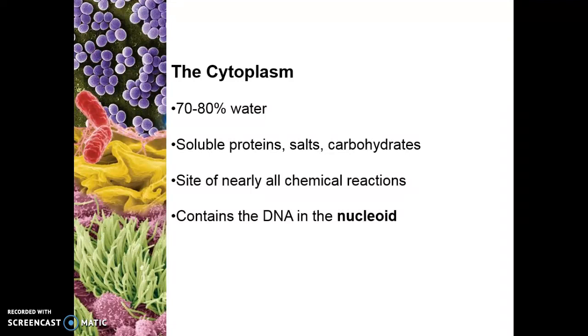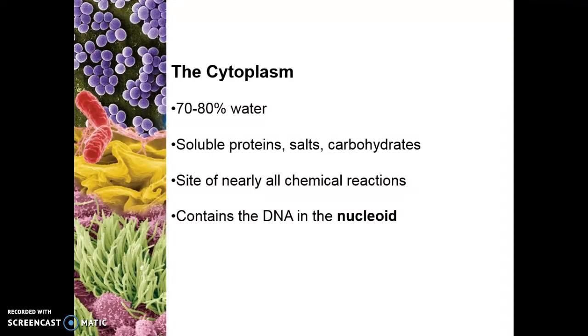All right, the cytoplasm is actually 70 to 80% water. You can think about it similarly in terms of our Earth. The Earth is a planet, and it has different components, but 70% or so of the planet is water.